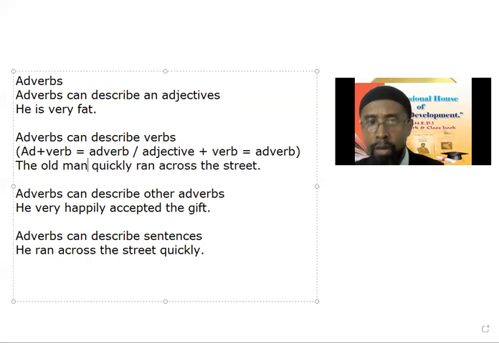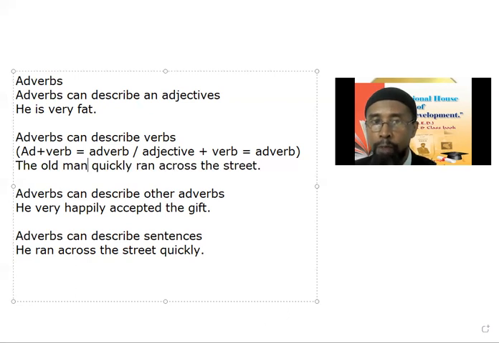You see how I changed this to the old man quickly ran across the street. Now I'm modifying the action, because it only happened during that particular time. It's not really normal or natural for the old man to run quickly, but maybe there was a truck coming or something like that. So at that particular time, the old man ran quickly, but it's not natural for him.